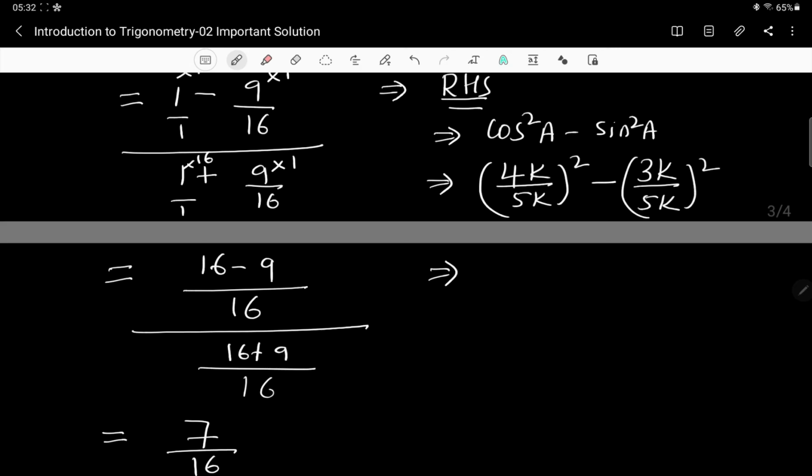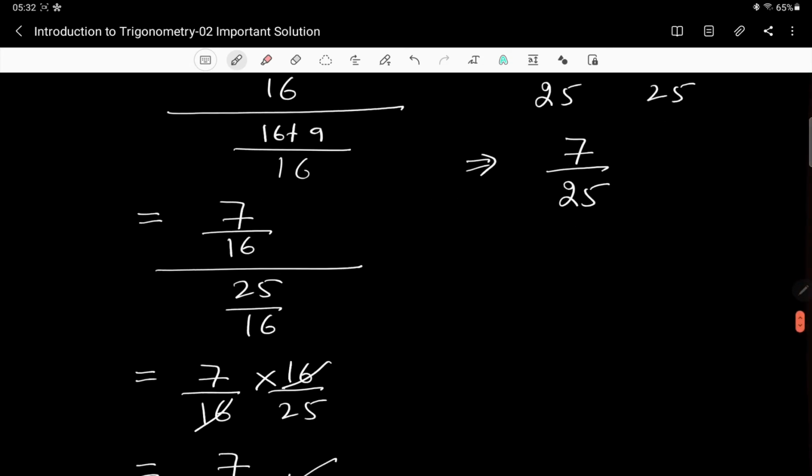All right, the k gets cancelled, so 4 by 5 whole square minus 3 by 5 whole square. So 4 square is 16 and 5 square is 25, minus here also k got cancelled, and it becomes 9 by 25. All right, 16 minus 9 is 7, so 7 divided by 25.